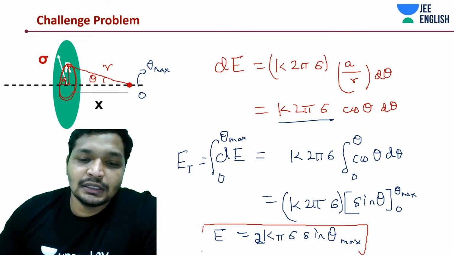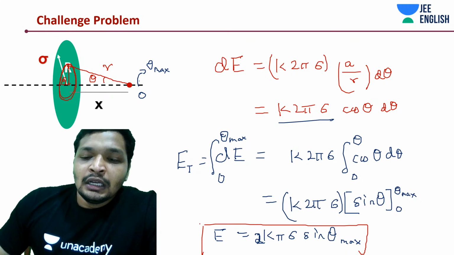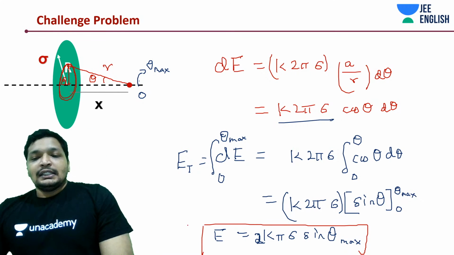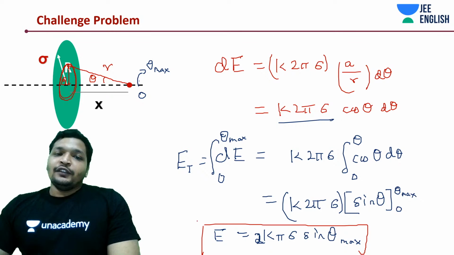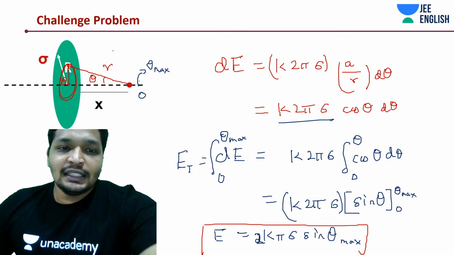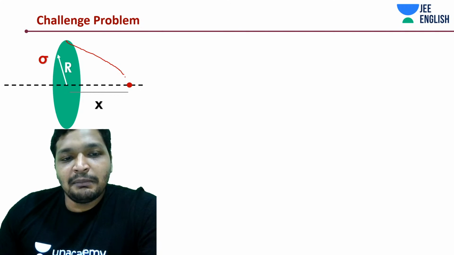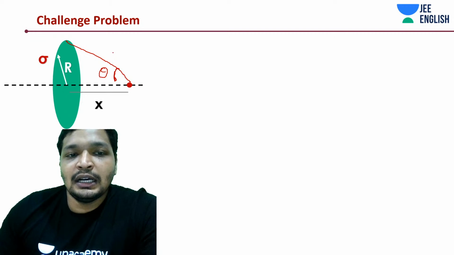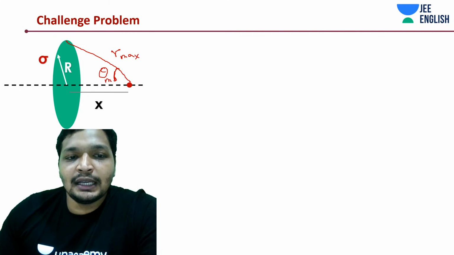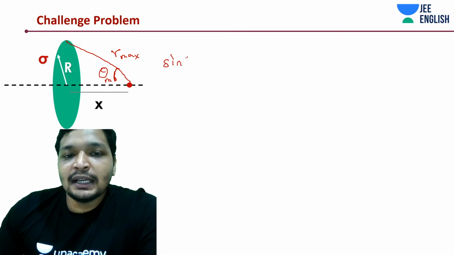Let's first complete this analysis. First of all, what is it? It's sine theta. We need to find out the value of sine theta max. If this is theta max, and this is sine theta max.